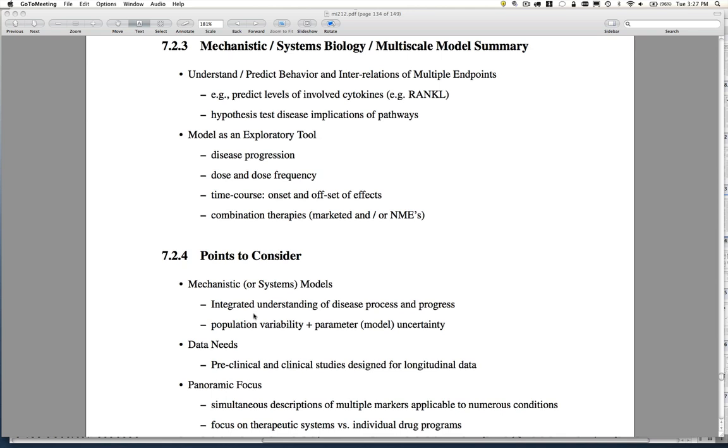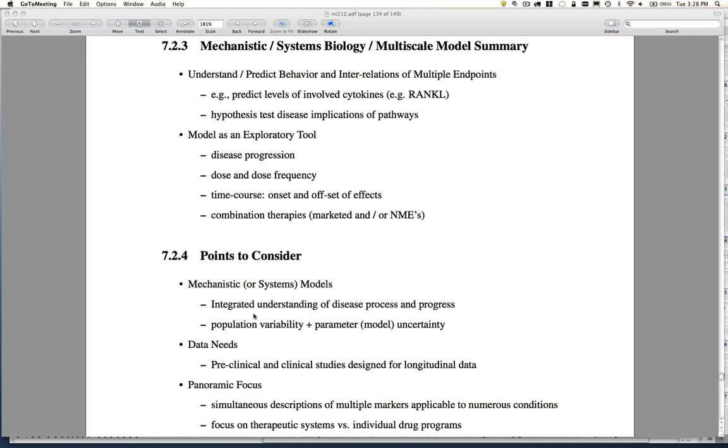The potential utility for these mechanistic or systems biology or multiscale models is that we can use them to understand the system, predict the system, predict not just what we're observing, but things that we can't necessarily observe.